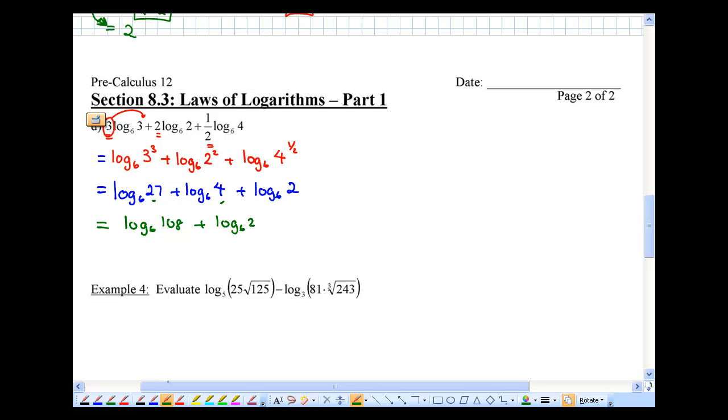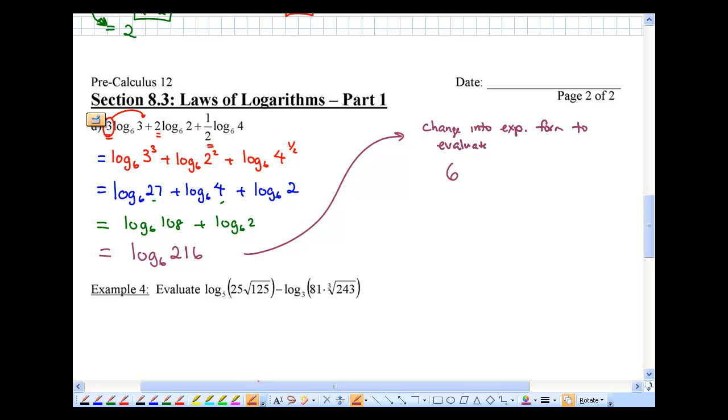By the way, we can only do this when the logs are the same. If they're not the same, we can't combine them together. But in these cases, they are. So that's log base 6, 216. And if I wanted to actually evaluate this, I'm going to change into exponential form to evaluate. My base is 6.